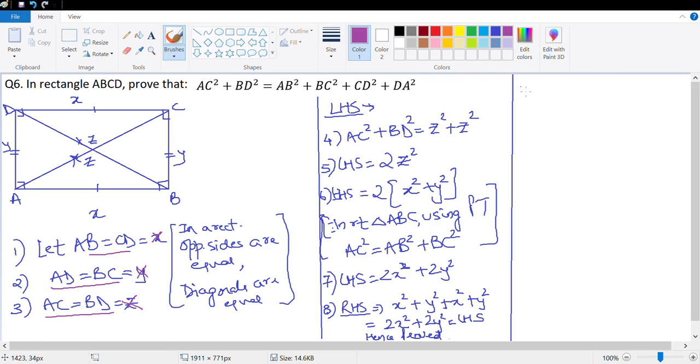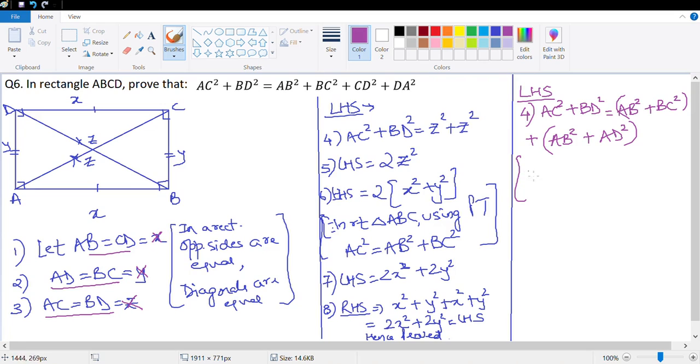So the left hand side is, we work with point number 4, AC square plus BD square. Now AC square is equal to AB square plus BC square. This I have got by looking at the right triangle ABC, and BD square is equal to AB square plus AD square. Let's write the reason.